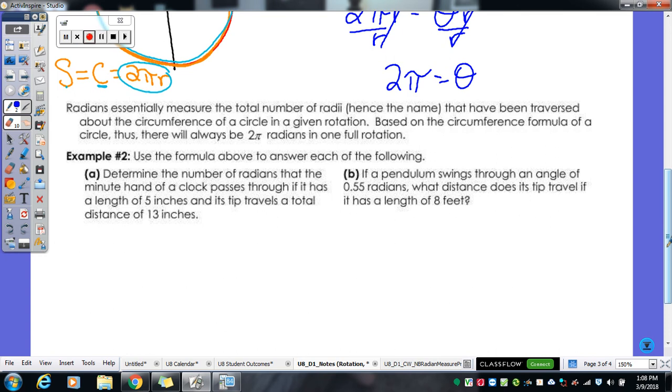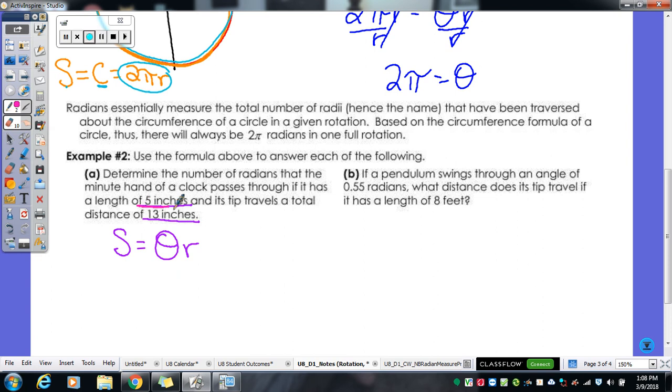So use your formula above to answer the following situations. So sometimes what we have to do is figure out what the arc, the radius, or the angle are. So determine the number of radians that the minute hand of a clock passes through if its length is 5 inches and its tip travels a total distance of 13 inches.